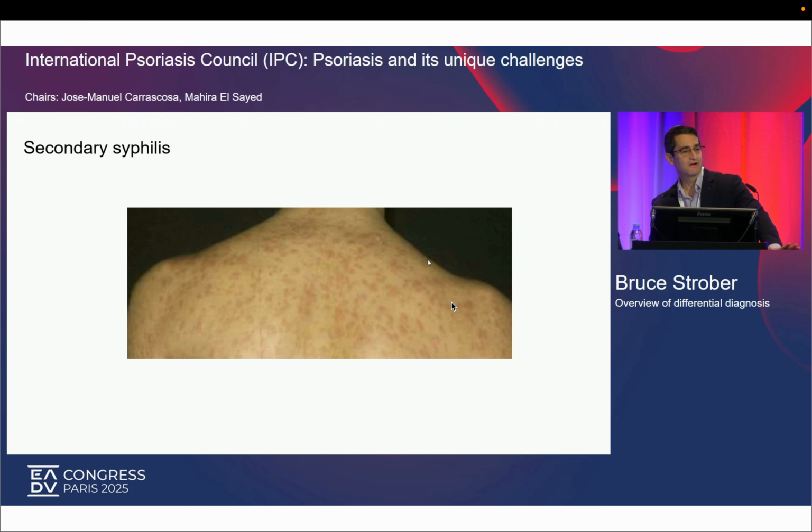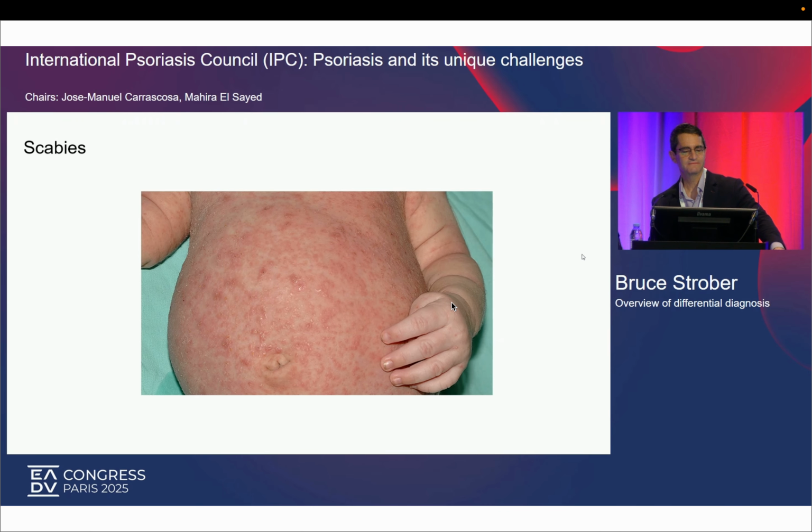And I myself have missed syphilis, thinking it was so traditionally psoriasis early in my career. Luckily I drew an RPR on the patient. It came back the next day and it corrected my diagnosis. But anytime you suspect secondary syphilis, you should draw the labs, even though your diagnosis might be leaning towards psoriasis.